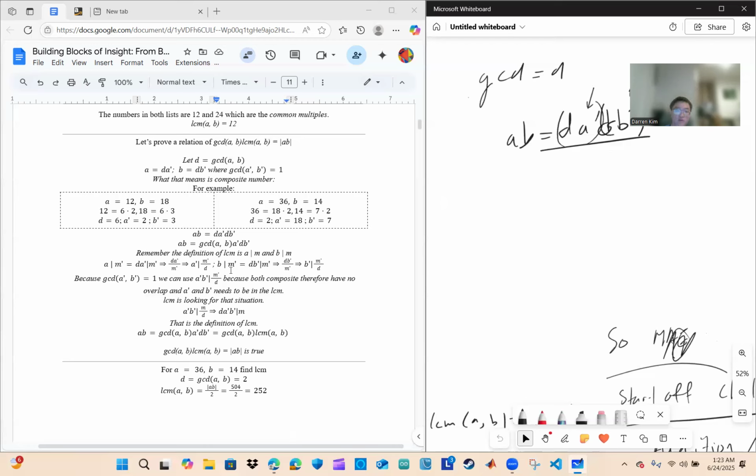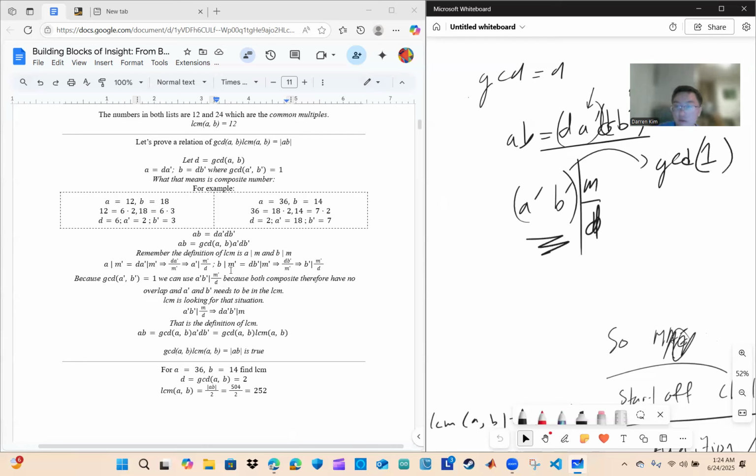Now, what that tells you is that if a prime and b prime get this format, because this is a GCD of 1, we know that a prime and b prime from this need to be in the common multiple. Otherwise, you can't get anything, because a common multiple is a multiplication of the integers.